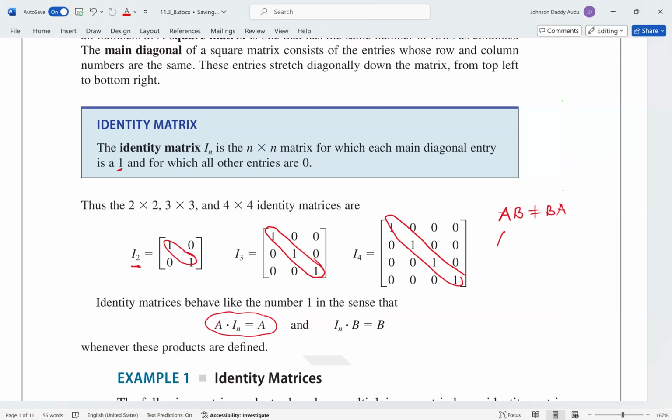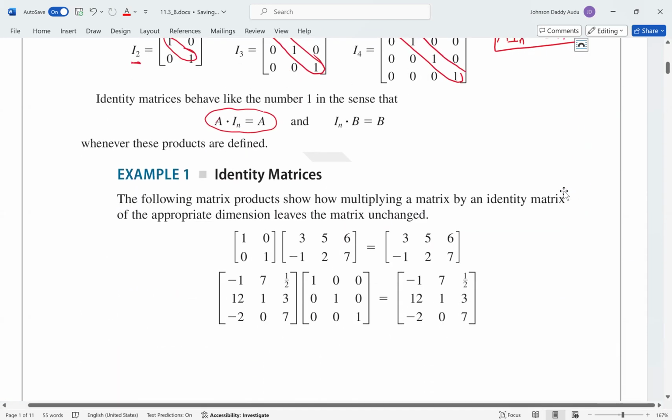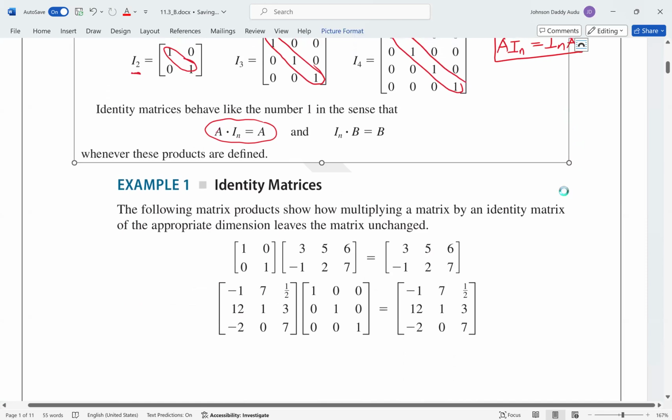A times In is the same thing as In times A. This is good. So the identity matrix commutes with any non-zero matrix.